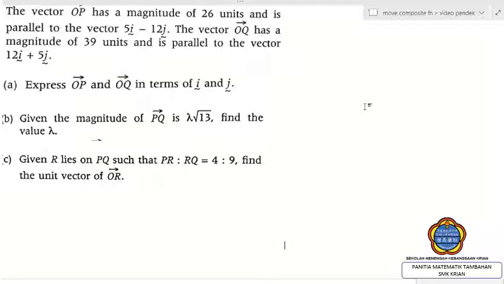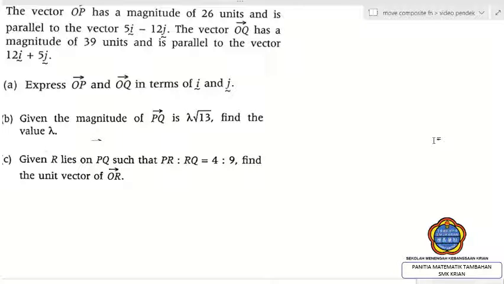Question A is express OP and OQ in terms of i and j. Question B, given the magnitude of PQ is lambda root 13, find the value of lambda. Question C, given R lies on PQ such that PR:RQ is equal to 4:9, find the unit vector of OR.